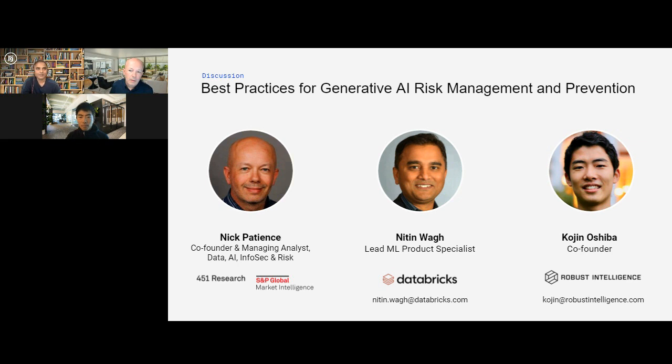Yeah, I can go ahead, and Kojin, you can add. So I think observability and risk management go hand in hand. In GenAI, a lot of that depends on data monitoring. It's a data monitoring problem.